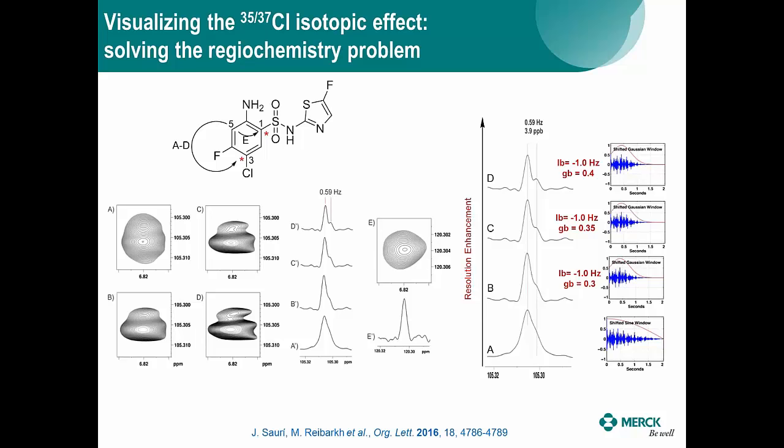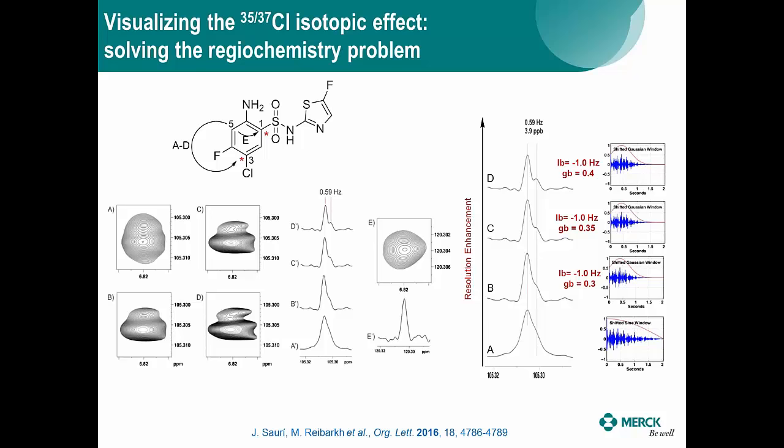The ideal conditions are represented in panel B, and we can see this isotopic shift, which was measured to be 0.6 Hertz. So this is a super tiny effect.